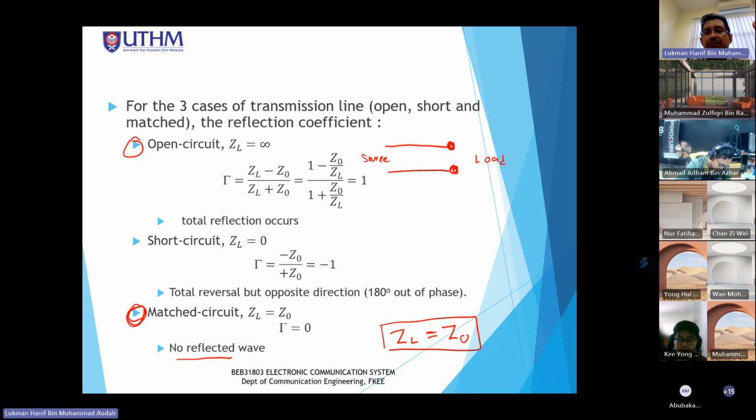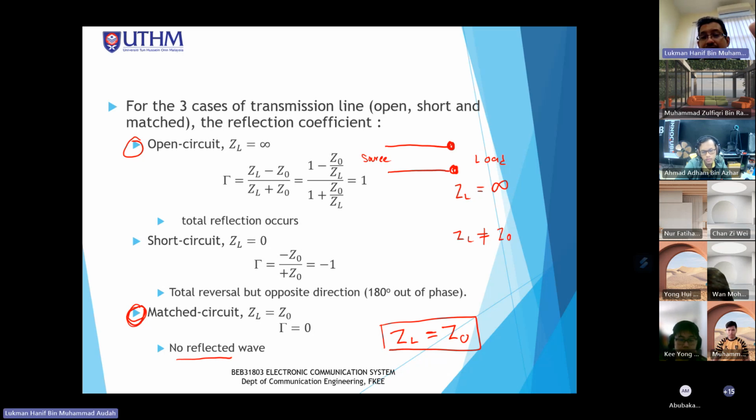At the load side is an open circuit. That means the load is very high, an infinite value. Of course, ZL is not equal to the characteristic impedance.